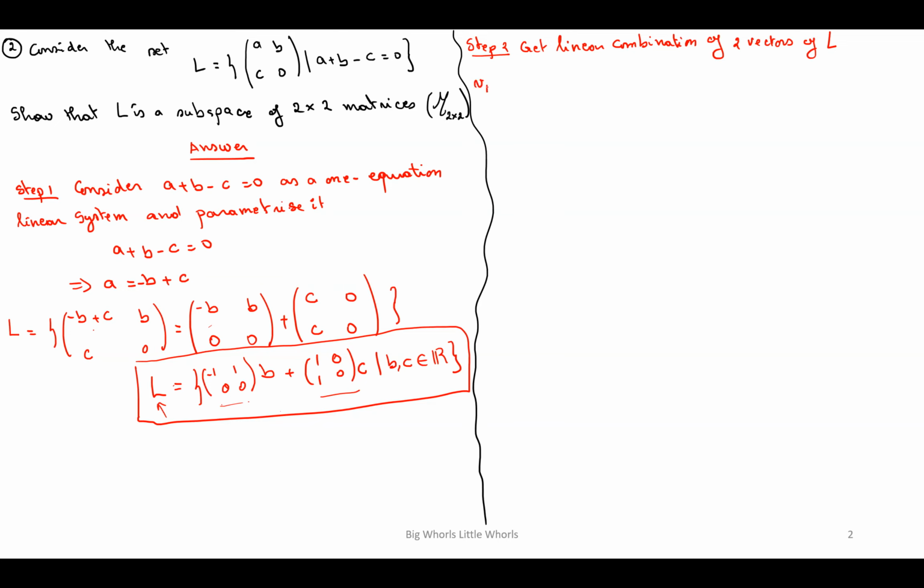Let me call it v1, which is going to be made of the linear combination of these two: minus 1, 1, 0, 0, b1 plus 1, 0, 1, 0, c1. And our second vector, v2, equals minus 1, 1, 0, 0, b2 plus 1, 0, 1, 0, c2.